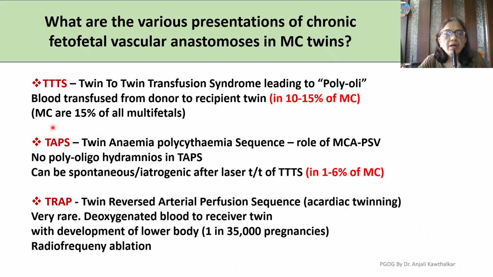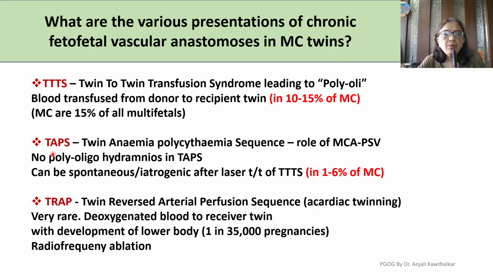Monochorionic pregnancies are themselves only 15% of all multifetal pregnancies. And out of these, only 10 to 15% have twin to twin transfusion syndrome. That way, it is not a very common complication.